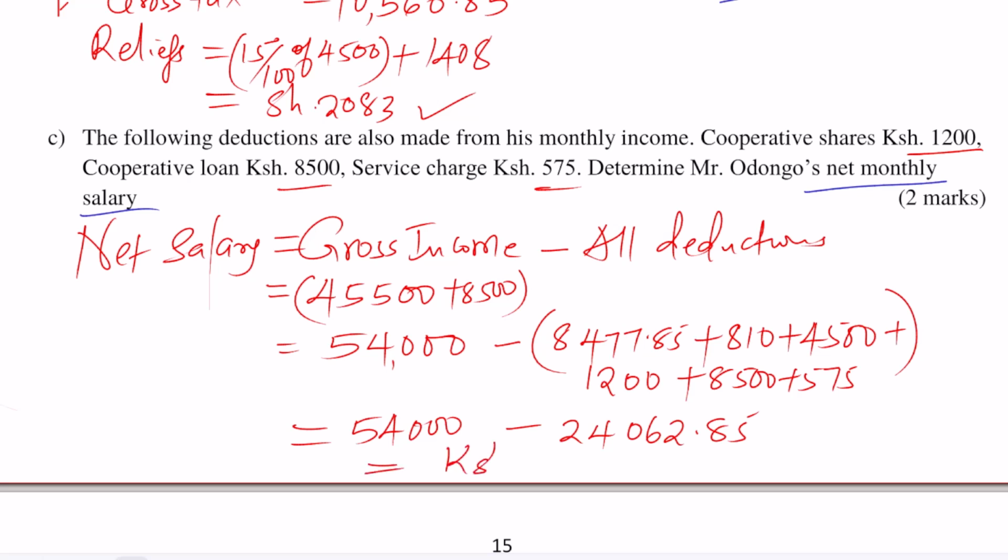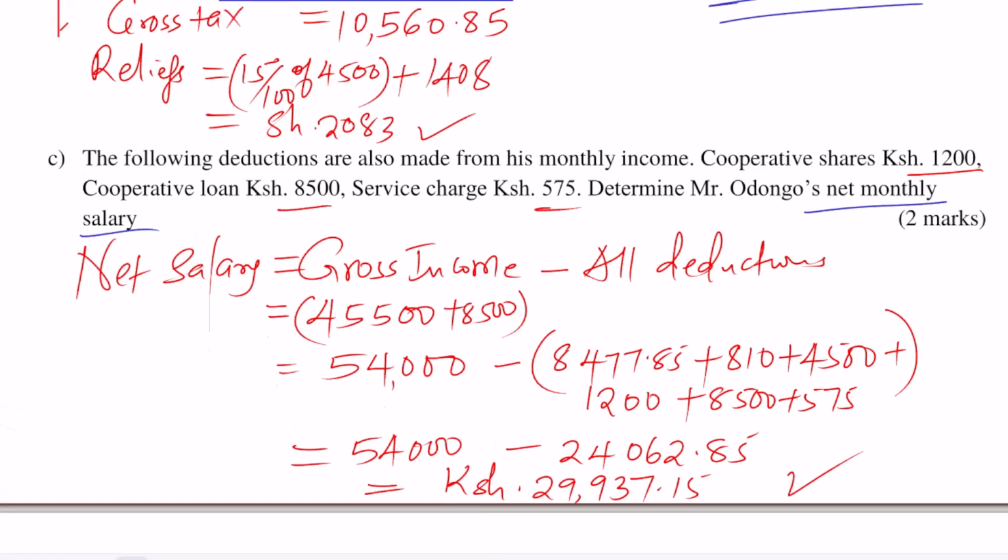And therefore, the net monthly salary will be 29,937 and 15 cents. So that is how you work out that question.